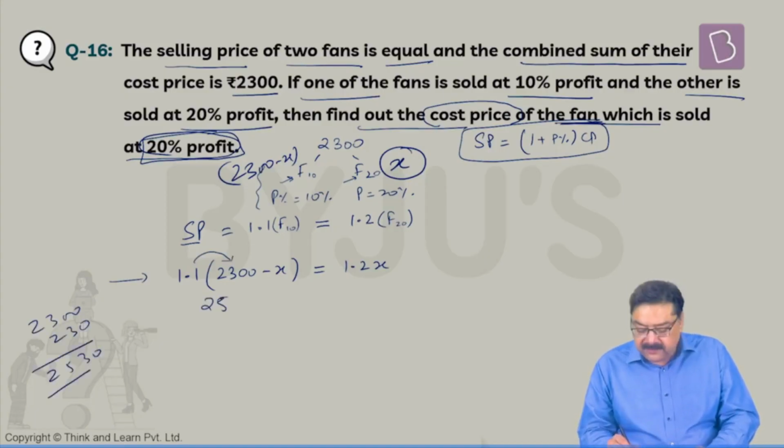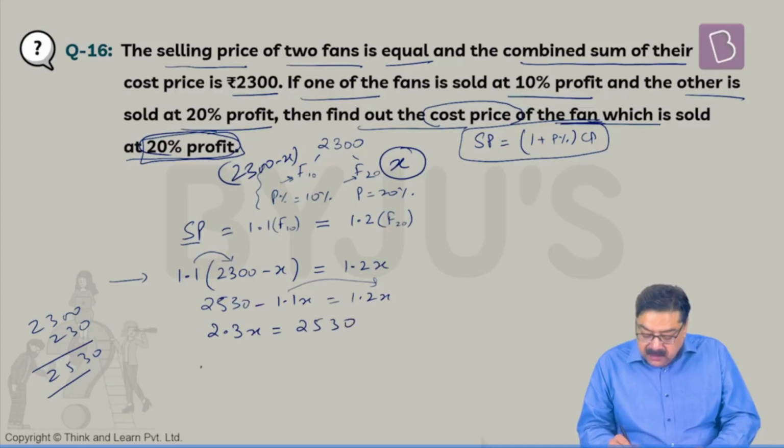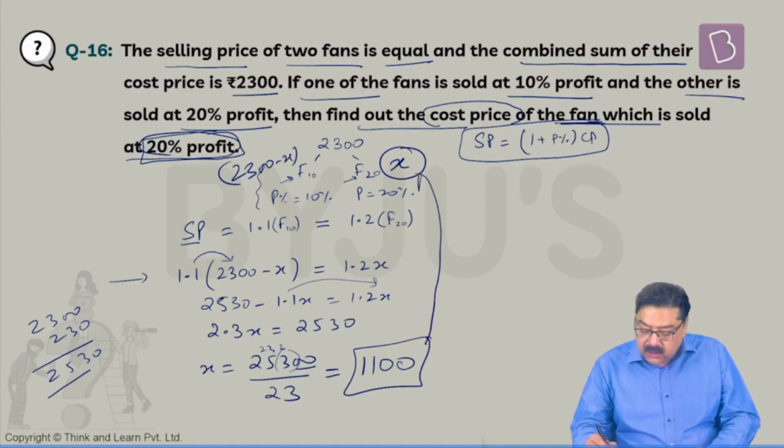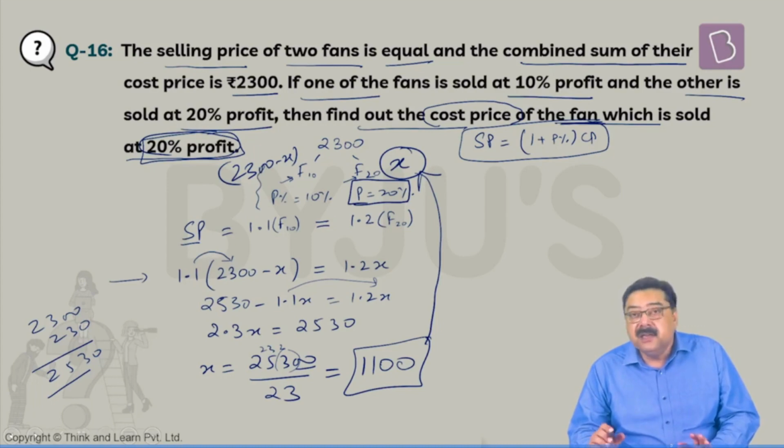So 2530 minus 1.1 times X equals 1.2 times X. Goes here, becomes 2.3 times X equals 2530, or X equals 25300 by 23. So 23 ones are 23, 2 remaining, combines with 2, becomes 23 again, ones are 23, 2 zeros remaining, so 1100. So the fan which got sold at 20% profit, its cost price was 1100 rupees.